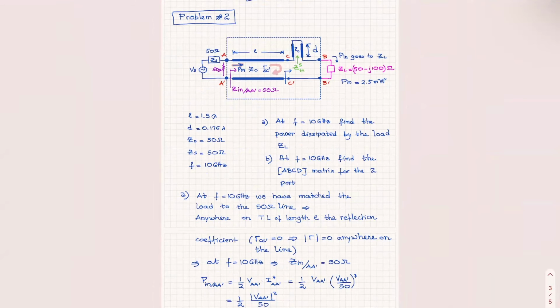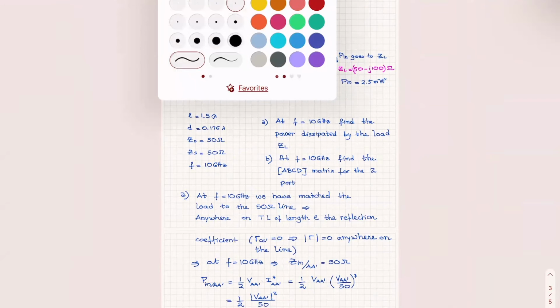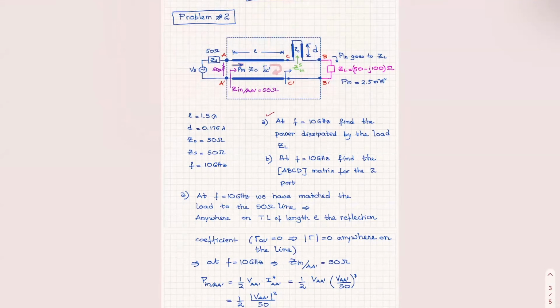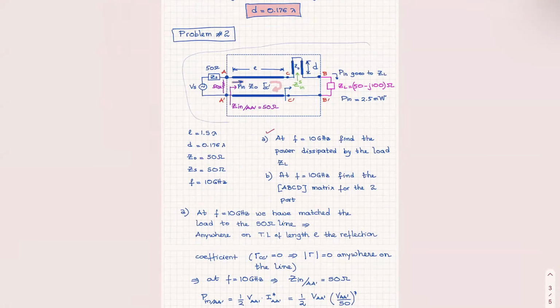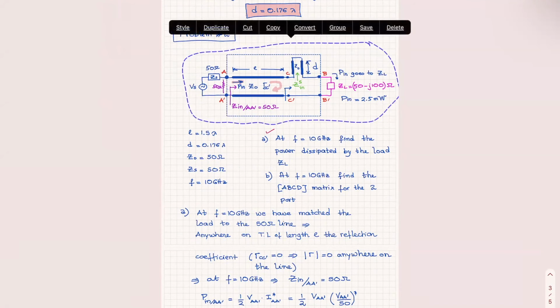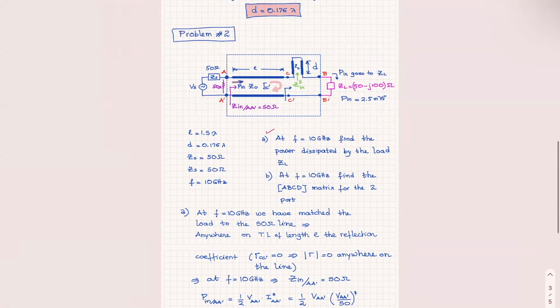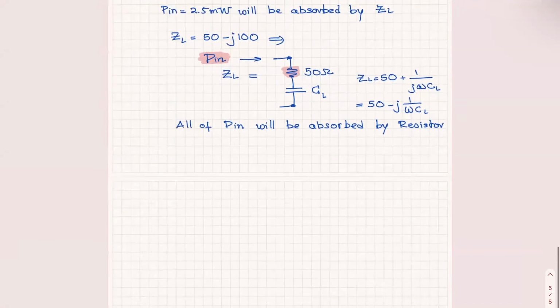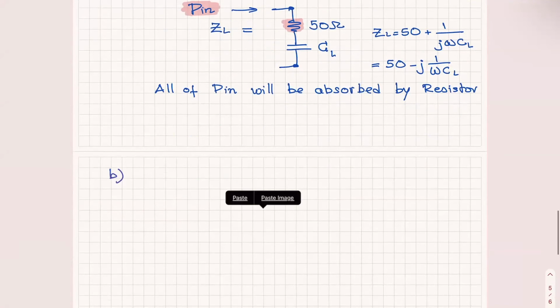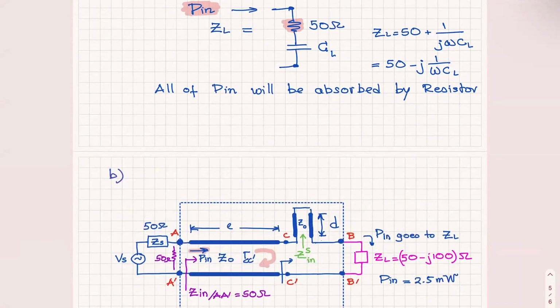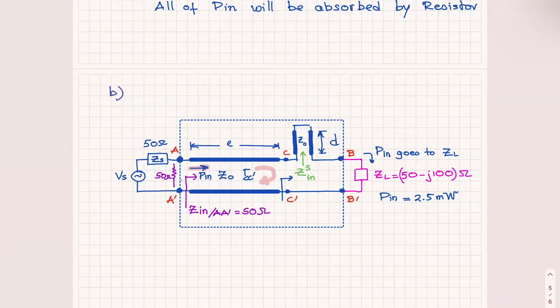So we did this. Now let's go to B. We'll take the same picture here, copy it, and put it here. Then we're going to clean it up a little bit.